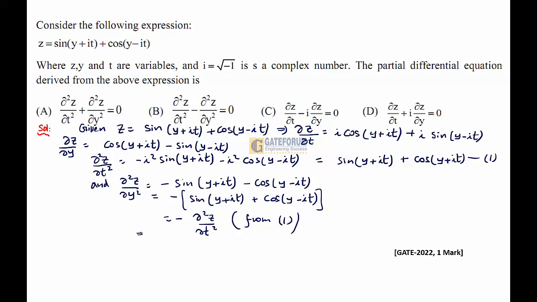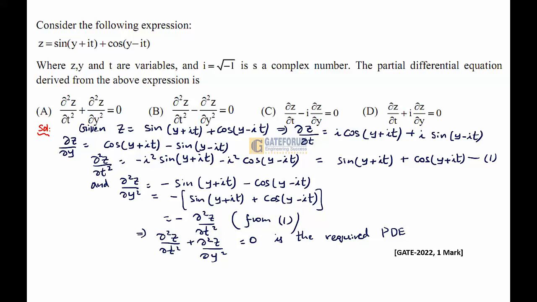So from this it can be written as ∂²z/∂t² plus ∂²z/∂y² is equal to 0. This is the required partial differential equation. Required, because this is one of the options in A.